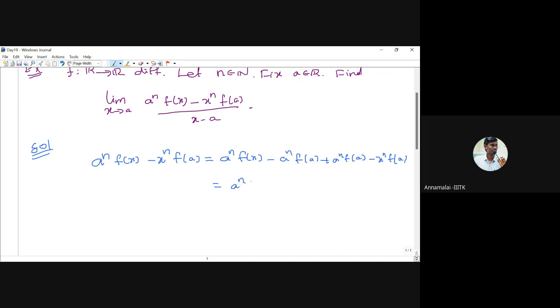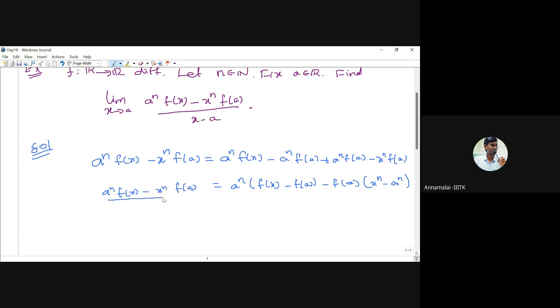We have a^n into (f(x) - f(a)), and then you can take f(a) outside. You get x^n - a^n.